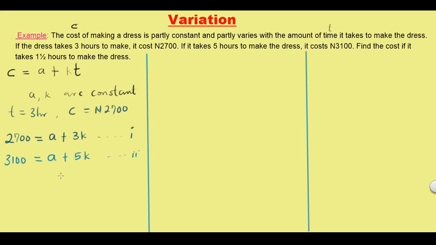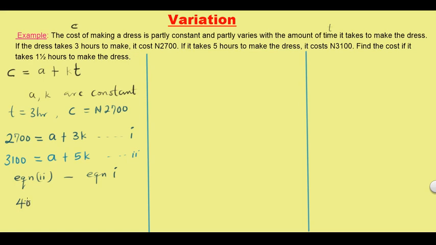This is very simple. We can say let's subtract equation 1 from equation 2. That is equation 2 minus equation 1. So if I remove 2,700 from 3,100, what will I get? 400.